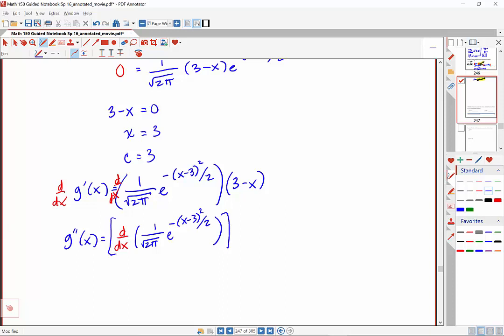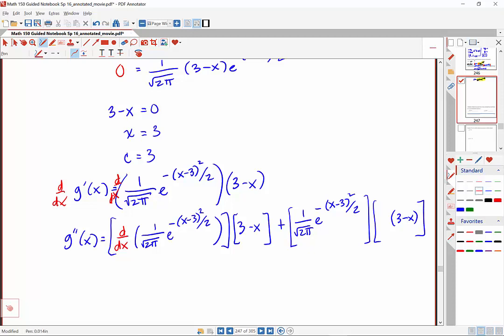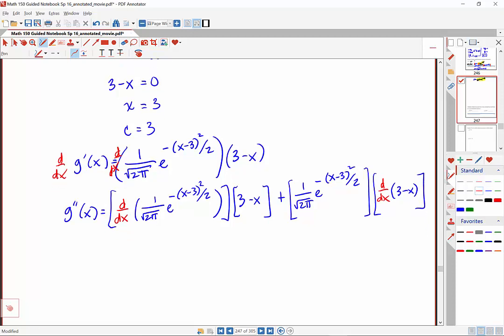And then that's going to be multiplied to 3 minus x, and then plus 1 over root 2 pi times e to the negative quantity x minus 3 squared all over 2 times the derivative with respect to x of 3 minus x. Just using the product rule, you know, I know it's a little mean.